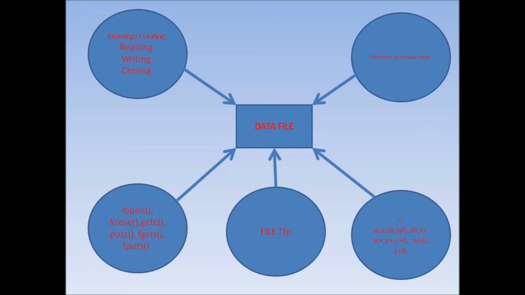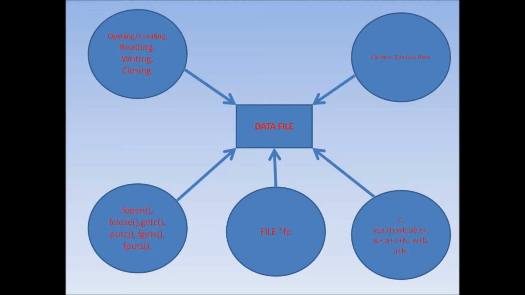Practically I'll show you all these things, but for this time I would like to say that a file pointer is something which points to the contents of a file, and whenever we perform any operation on a file, that file pointer should be attached to the file. Therefore it is very important. Until and unless we attach that file pointer to a file, we cannot perform any operation.